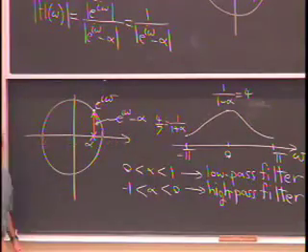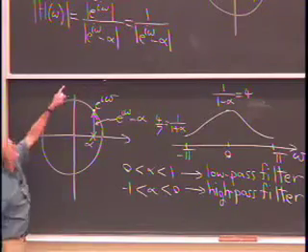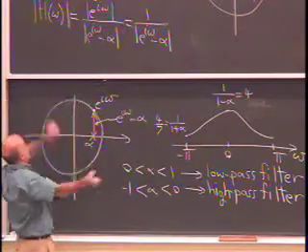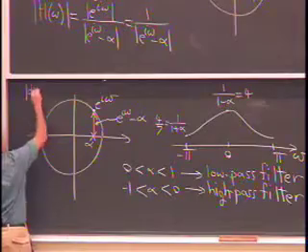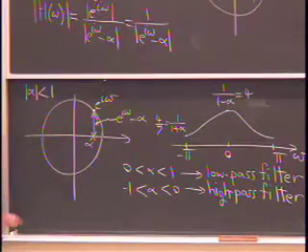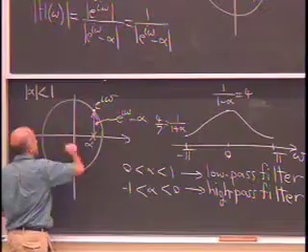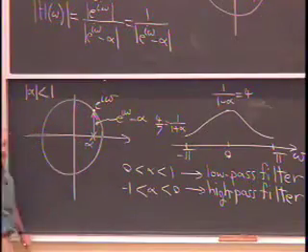Now the question is, I only impose the constraint on alpha that its magnitude be less than 1. In other words, strictly inside the unit circle. Well, what if it's not real valued and it's roaming about somewhere inside the unit circle?